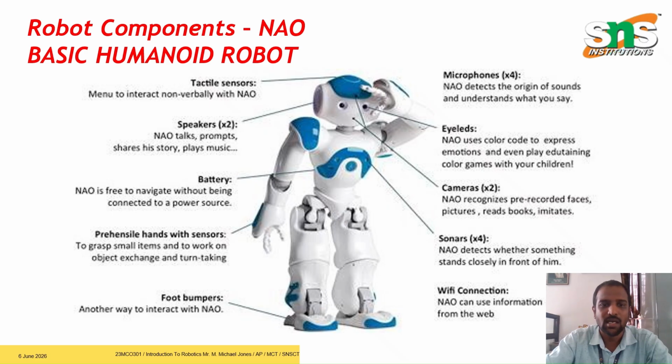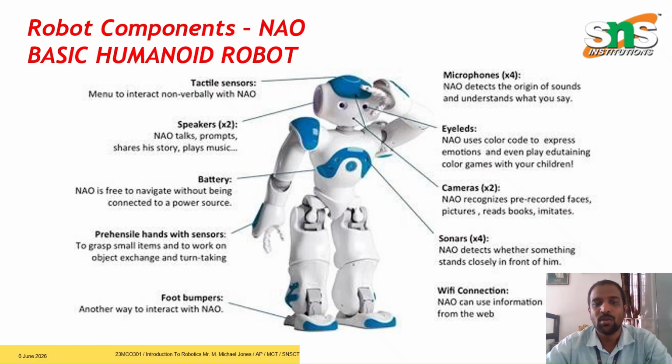This slide shows a humanoid robot, which is widely used in robotics education and research. A humanoid robot is designed to resemble the human body structure with the head, arms, torso, and legs. It is a robot that can walk, recognize voices, detect objects, communicate with humans, and perform various programmed tasks.